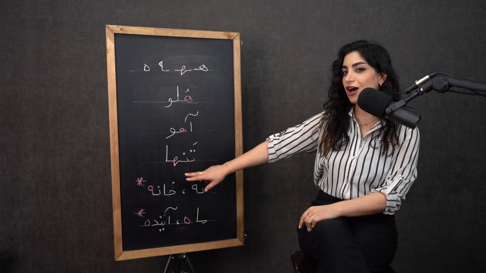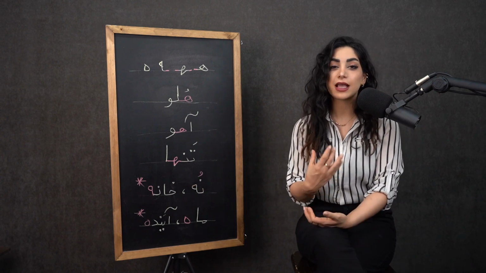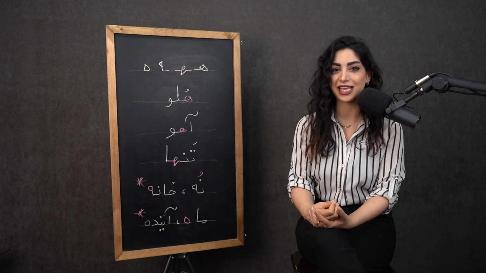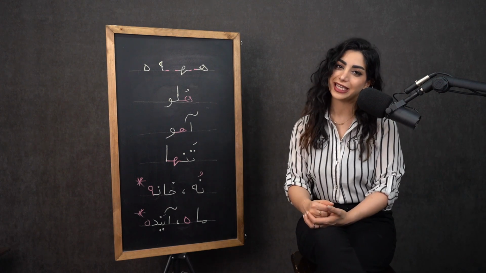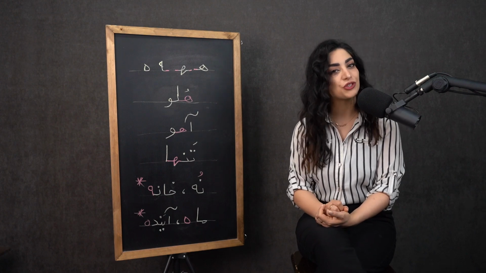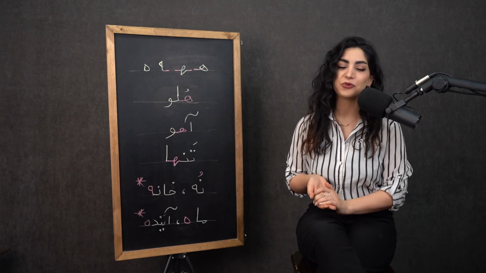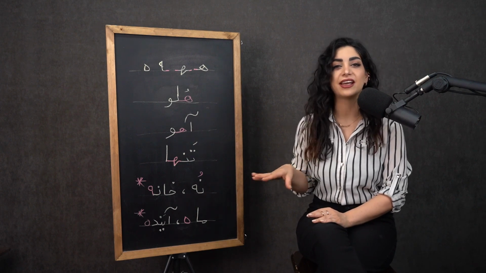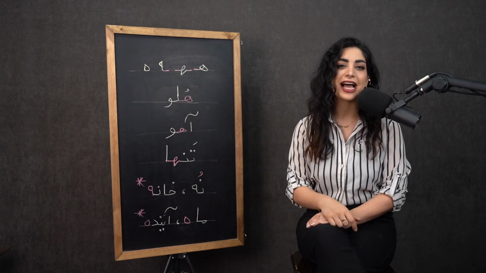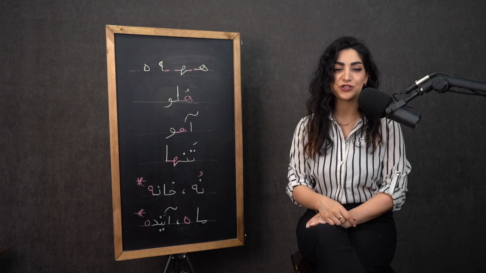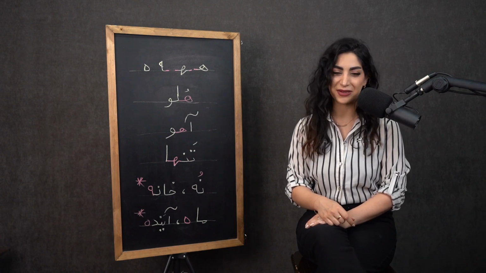Yeah. Khane is the same as home in English, and ayande is the same as future in English. So instead of saying home, we say khane, not khane, khane. And instead of saying future, we say ayande.